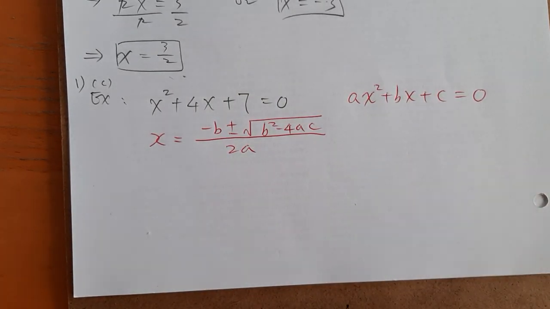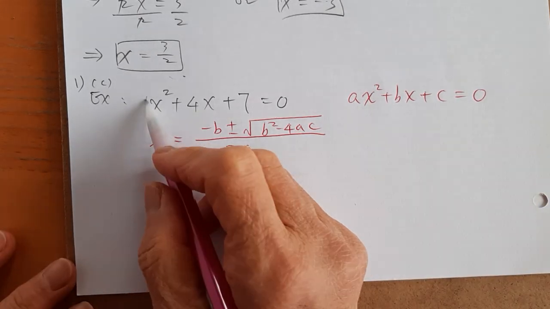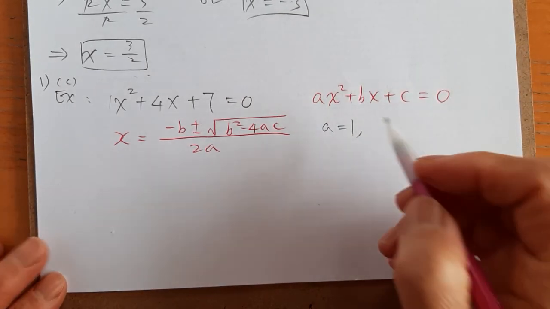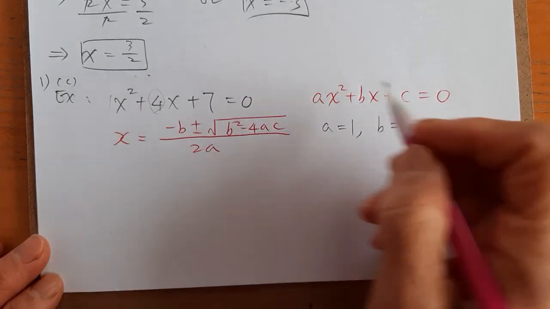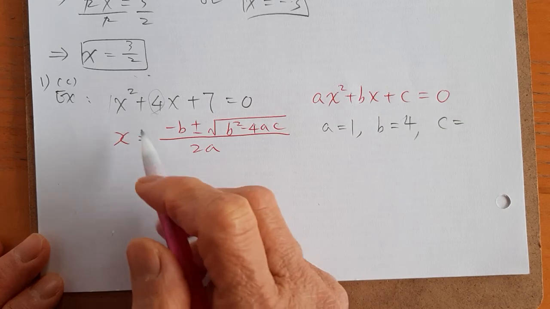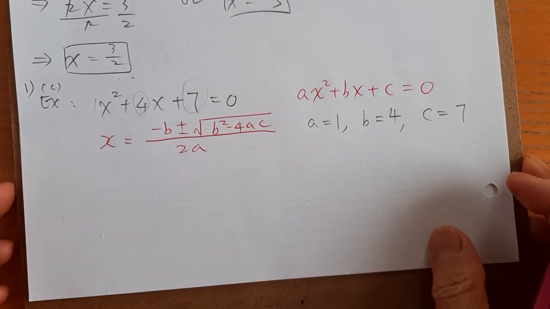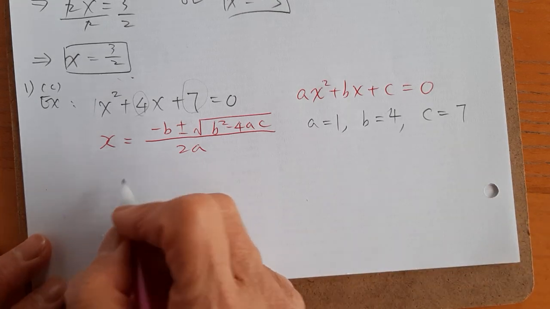For this question, a is 1, b is 4, c is 7. Then we plug into the quadratic formula.